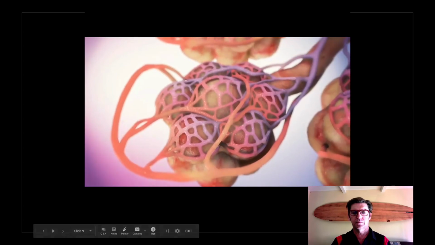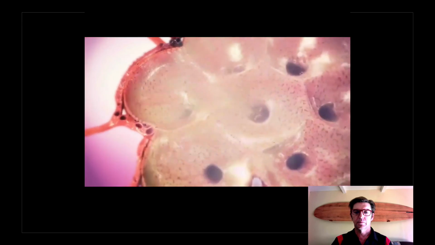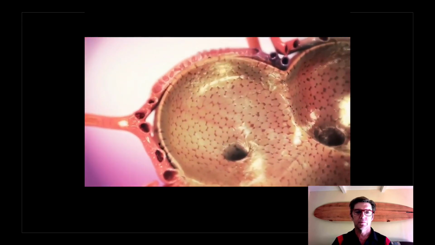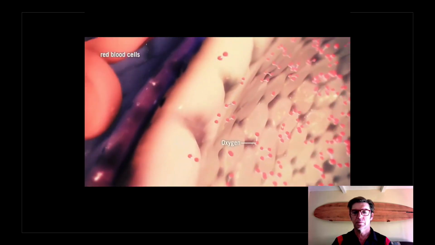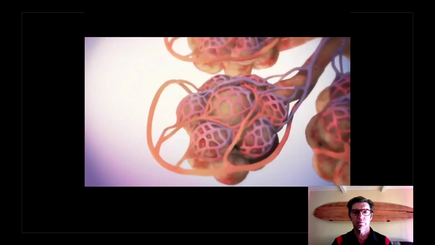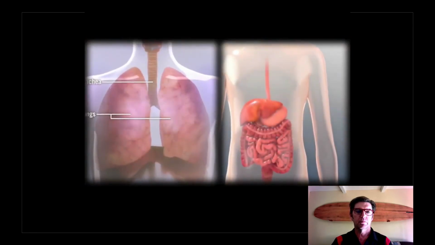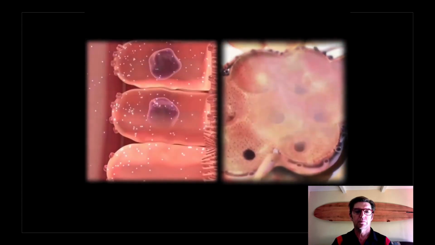Looking inside the alveoli, we can see the air from each breath. We can also see red blood cells. Let's look even closer. These are molecules of oxygen in the air we breathe. The oxygen molecules can pass through the alveoli into the red blood cells. The bloodstream delivers the oxygen to every cell in the body. Even though the villi and alveoli are found in different parts of the body, they have similar functions. They are both transfer points for molecules to enter the bloodstream.